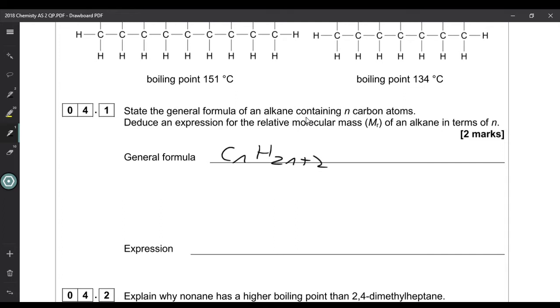So if we just look at, for every N, we've got 12 from the carbon molecular mass. Because we've got 2 hydrogens, that's going to be an extra 2. So it's going to be 14.0 N plus 2.0 from the extra 2 hydrogens for every N that we have.